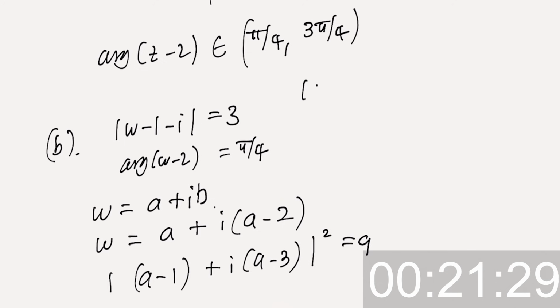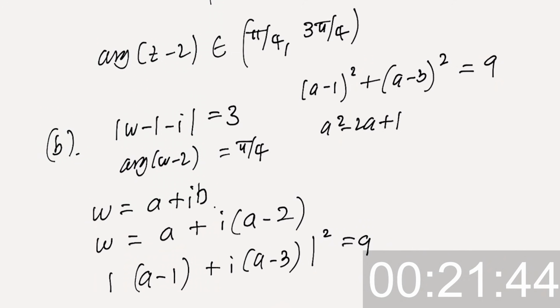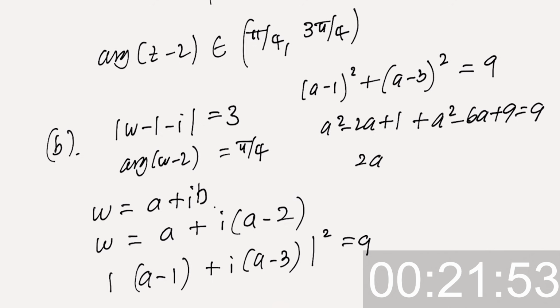So (a minus 1) squared plus (a minus 3) squared must be 9. Then I can expand that out and get a squared minus 2a plus 1, plus a squared minus 6a plus 9, is 9. So that's 2a squared minus 8a plus 1 is 0.